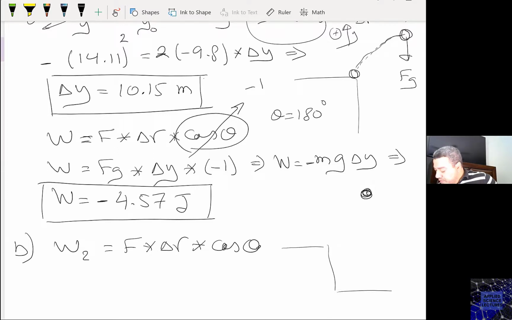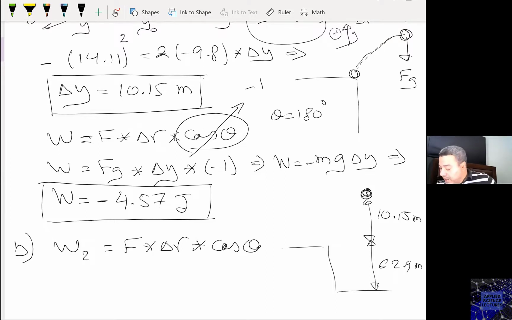So now my total here becomes, this is 10.15 meters. This one is 62.9 meters.